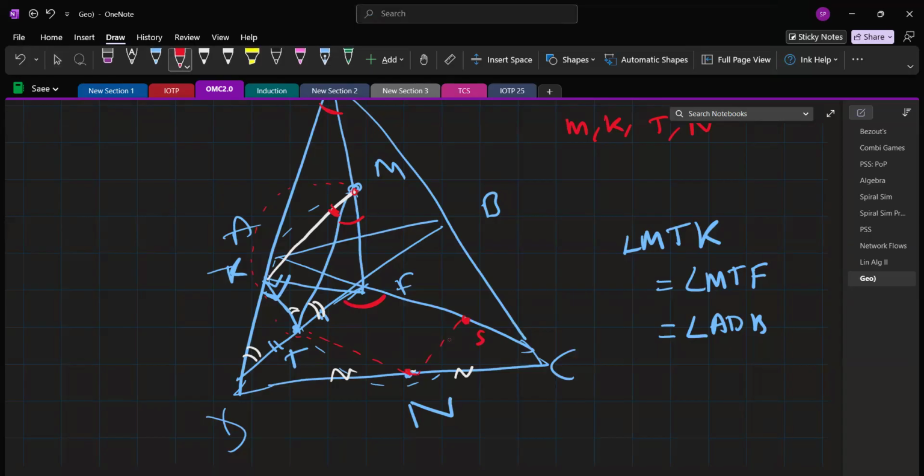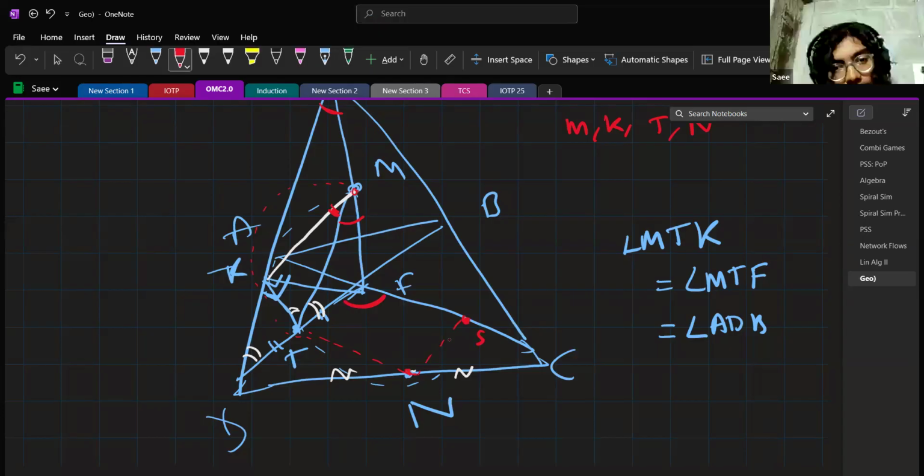But I'm not sure how that will help. Let us see if there is anything else that we can compute.